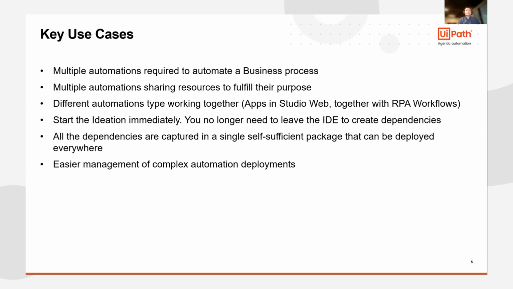Also, if you're sharing resources, which is common, like maybe sharing a queue among 2 automations, as you'll see, this experience will help you understand that resource that's common to those 2 parts of your automation. Also, as Silvio showed you earlier, there will be apps in Studio Web that you can work on together with RPA workflows, and also other types of projects we will support here as well.